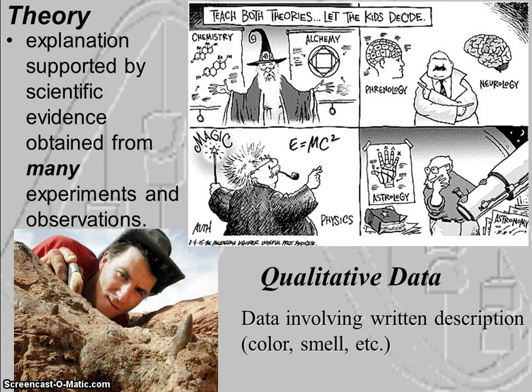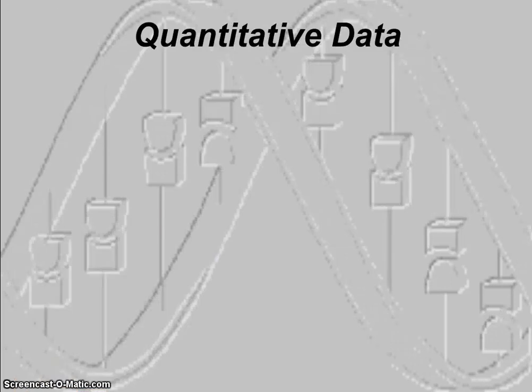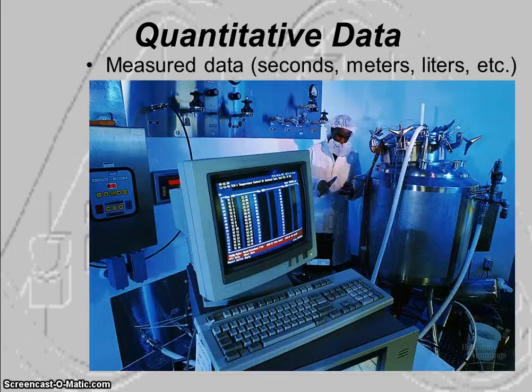And we'll oftentimes get qualitative data in our labs, and you'll describe colors or reactions and so forth using descriptive terms. The other type of data we try to get in biology labs is quantitative, and you can see the word quantity is in quantitative data, right? And so this is sort of hard numbers, right? Measured data.